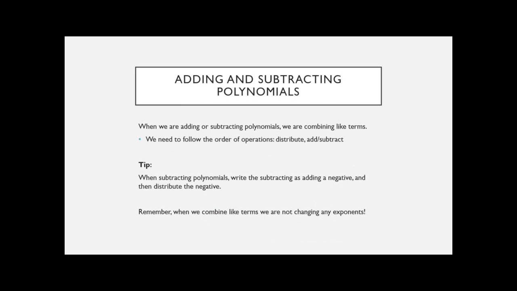Now, my general tip, and I'm going to be doing this in this lesson, is if you are subtracting, instead of subtracting, you write it as adding a negative and then distribute the negative. And I do it this way because a lot of people, when they're adding and subtracting polynomials, tend to mess up the signs, especially when they're subtracting.